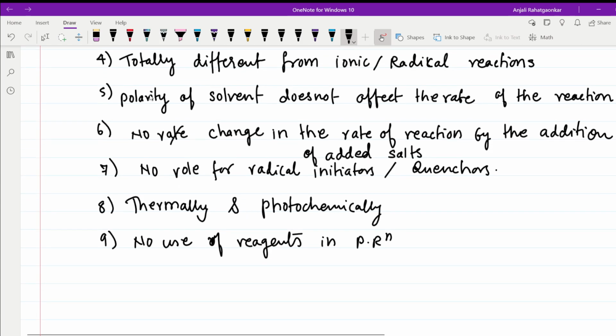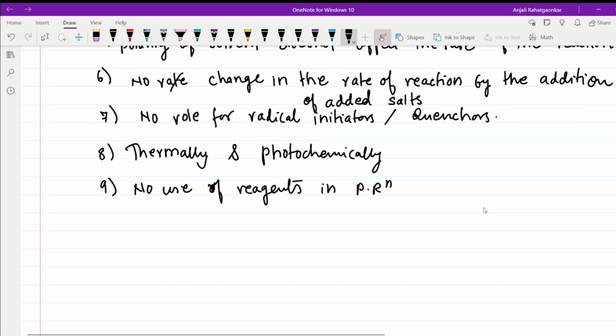Then the next point, there is no change in the rate of reaction by the addition of added salts, and no role of radical initiators and quenchers. The reaction is initiated thermally and photochemically. If it takes place thermally, it is called a thermally induced reaction. If it takes place photochemically, it is called a photochemically induced reaction.